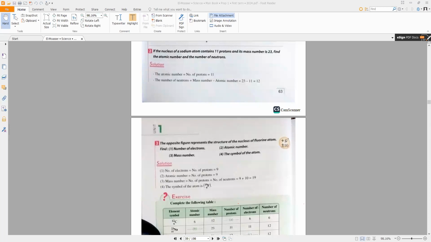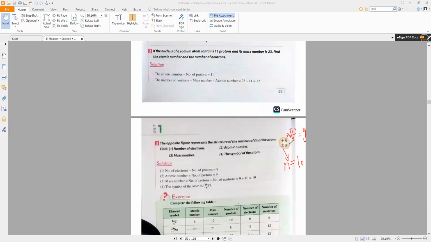This is the nucleus, and there is positive 9, and neutral 10. Positive is a proton, so the number of protons is 9. Positive and negative, it is the neutrons, so the number of neutrons is 10.